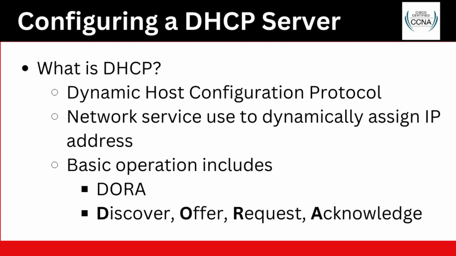Once that discover message reaches an available DHCP server, that server will offer an IP address, subnet mask, gateway, or DNS to the client. The client now will request those IP address details, and then the server will acknowledge that request, and from there your computer will have its own IP address configuration.